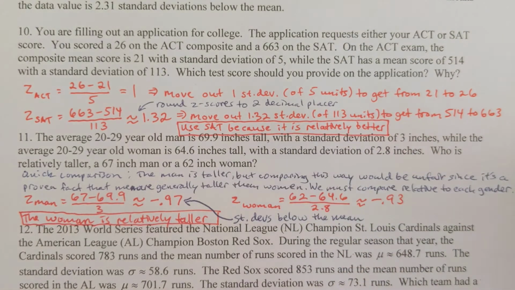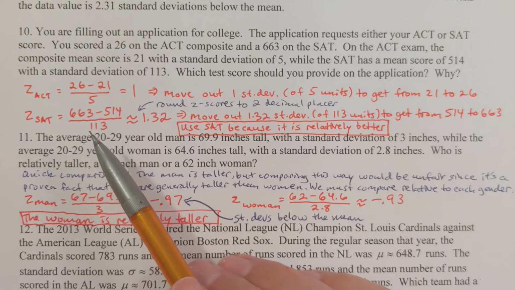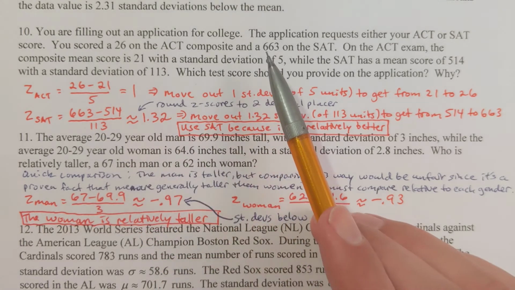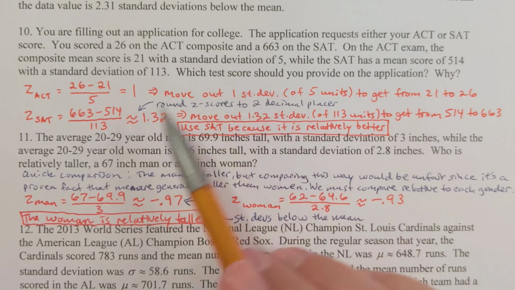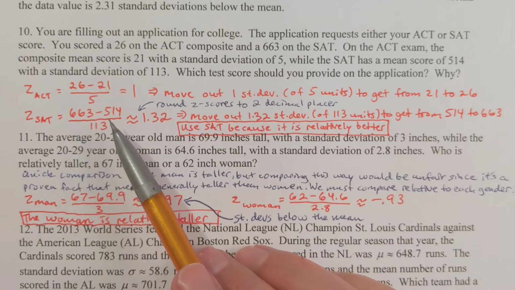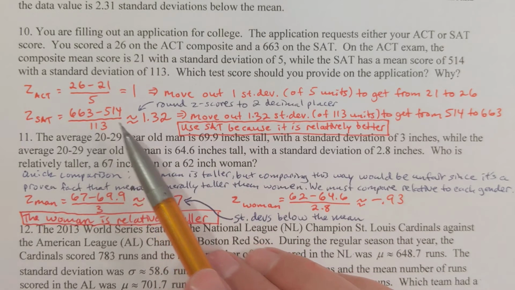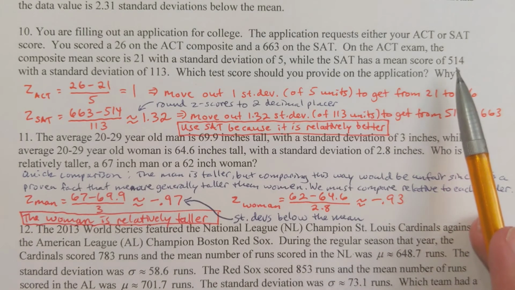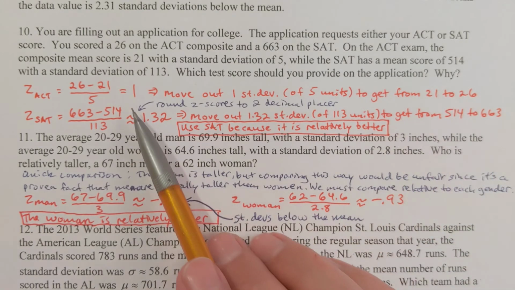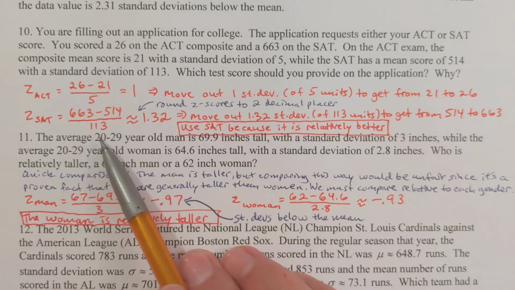find the z-score for the SAT, it's the same formula. It says that you scored a 663 on the SAT, so that's the x value, and the mean score on the SAT was a 514 with a standard deviation of 113.